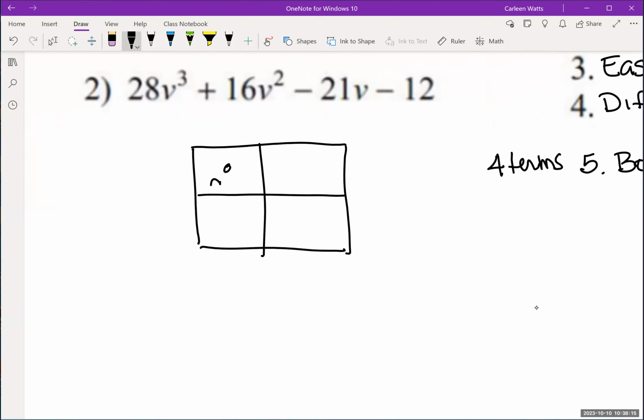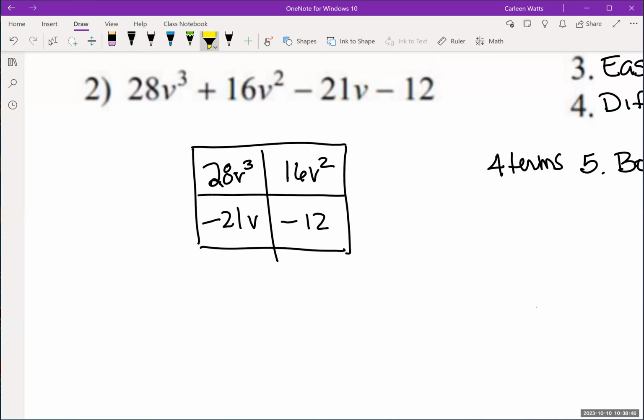So 28, 16 minus 21 and minus 12. That's really plus negative. So 28v cubed, 16v squared, negative 21v, negative 12.